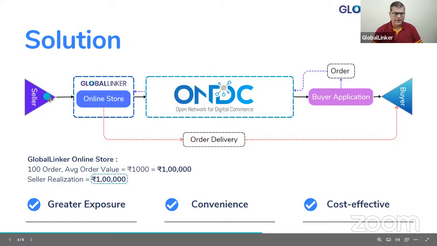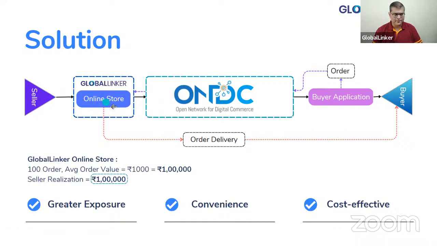Now, what will happen? You are joining through GlobalLinker. So when a buyer makes a purchase through a buyer app, just imagine this is, let's say, Paytm. A customer goes to Paytm, and through Paytm they saw your product, and then they placed an order on Paytm, and the order was pushed through the ONDC network onto your online store, right?